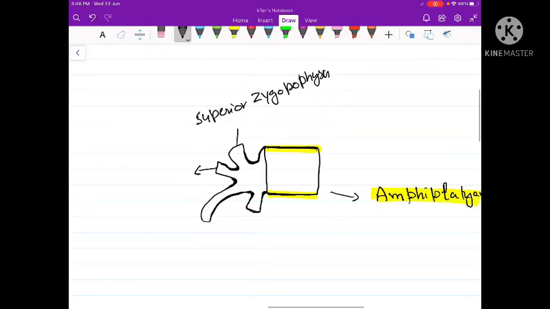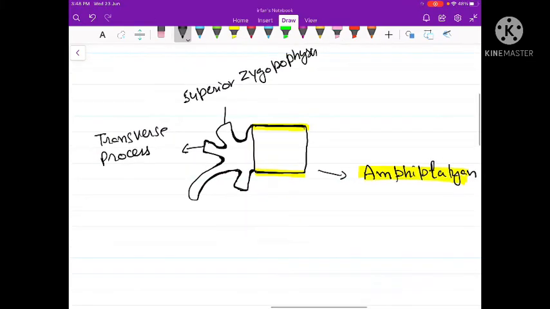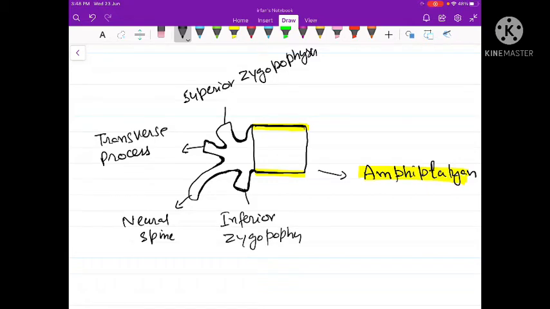This is therefore the transverse process. And this here is the lower one. This here is the neural spine. And the process below this one is the inferior zygapophyses.